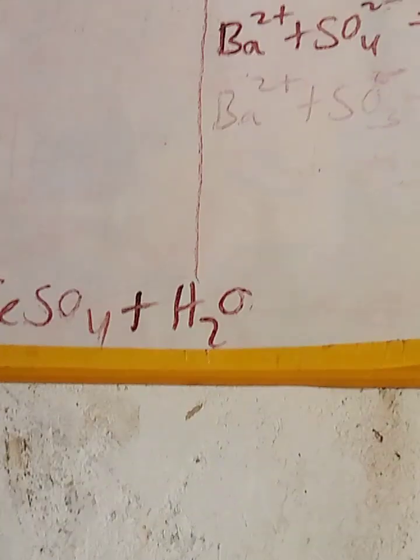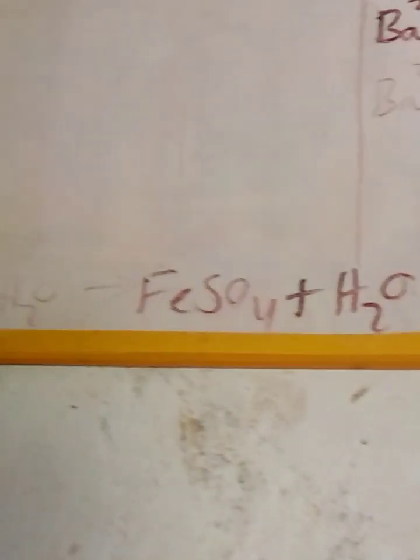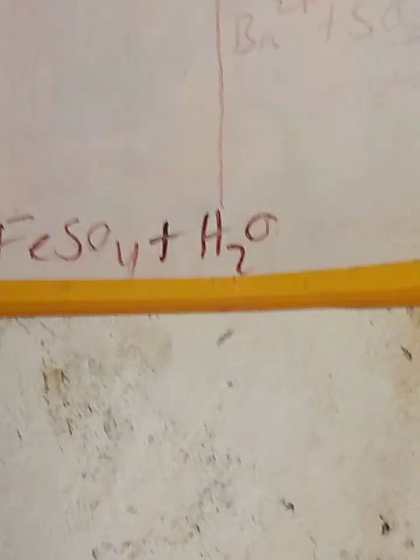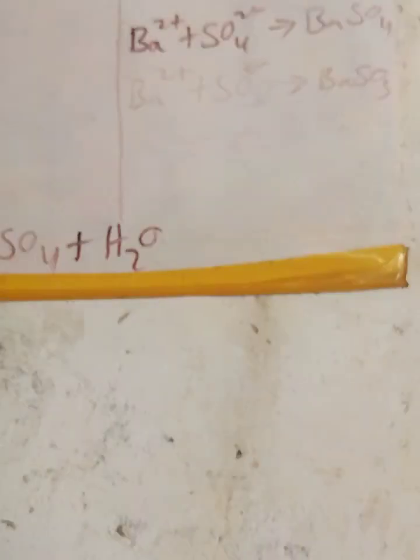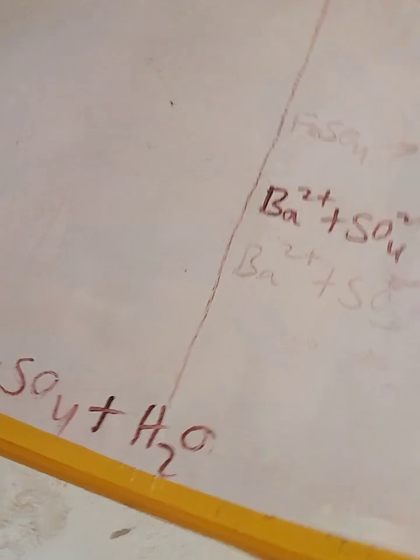So we are moving very fast. Let's look at the test for sulfate and sulfite ion. We are starting with the test of sulfate ion. When barium chloride is added to sodium sulfate and sodium sulfite solution, a white precipitate is formed in each case, barium sulfate and barium sulfite respectively.